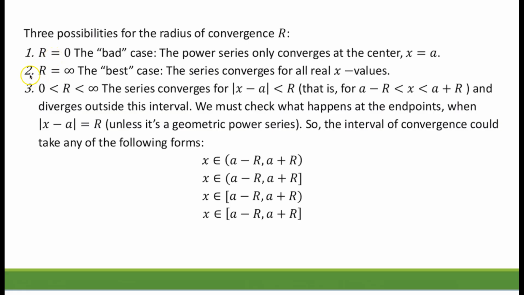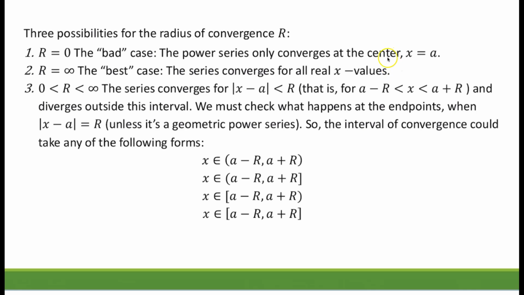The next possibility would be if the radius of convergence is infinity, and that is the best case scenario. What's happening is that the series converges for all real x values. So that means it converges for all real numbers. So the radius is infinity because the interval is all real numbers, negative infinity to infinity.